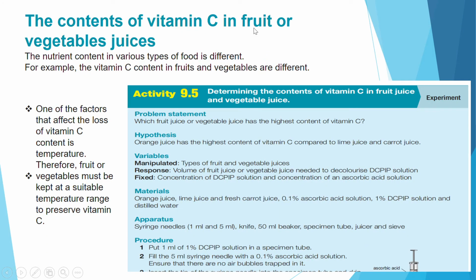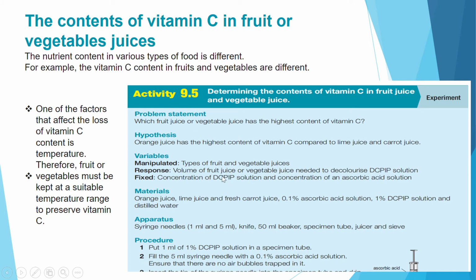Another important experiment is this, on the contents of vitamin C in the fruit juices usually, or the vegetable juices. Okay, so we have this problem statement, and therefore we need to manipulate different types of fruits, or even to compare just between the types of fruit and also the vegetable juices.